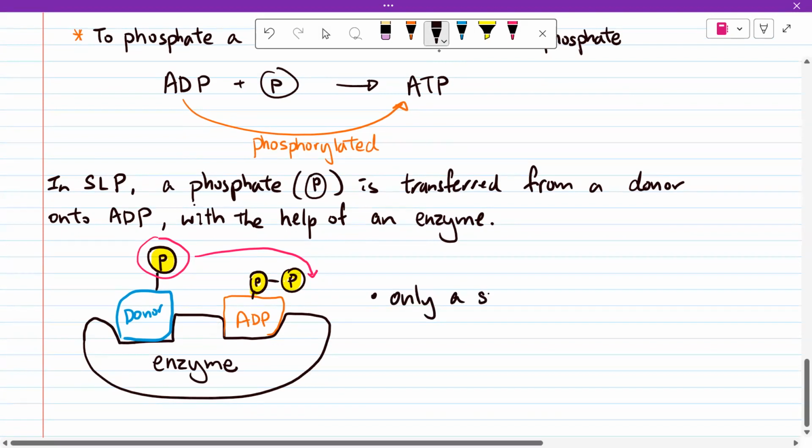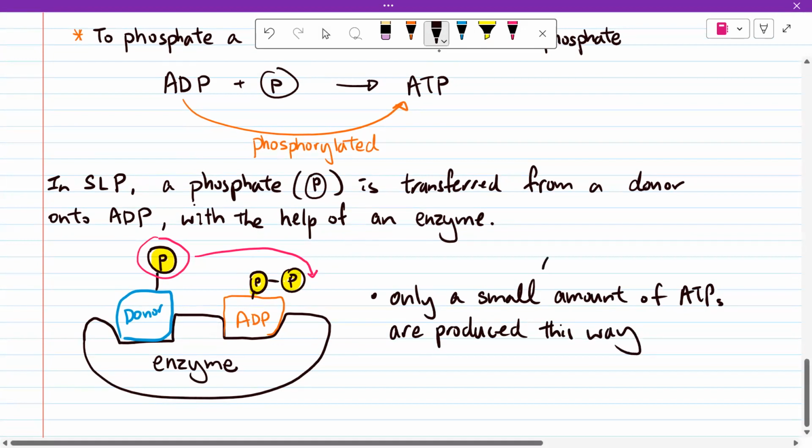Only a small amount of ATP is produced this way. Approximately 11% are produced this way.